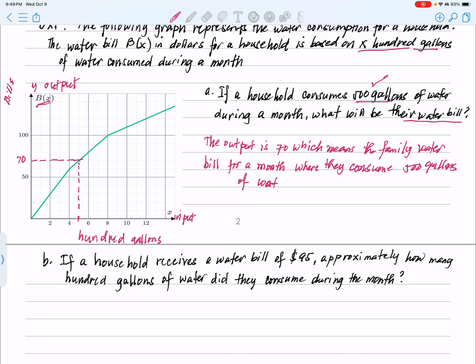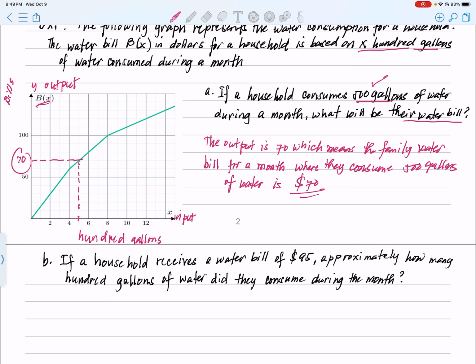So 500 gallons of water is $70. Okay, right here.